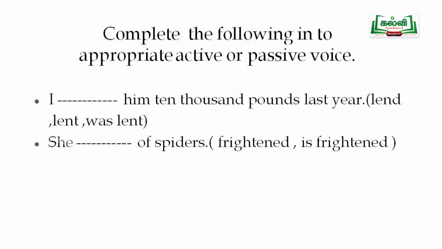Next sentence, I dash him 10,000 pounds last year. For this, 3 words I have given, lend, lent, was lent. From these 3, you have to select the appropriate answer. And the next sentence is, she dash of spiders. Frightened or is frightened.